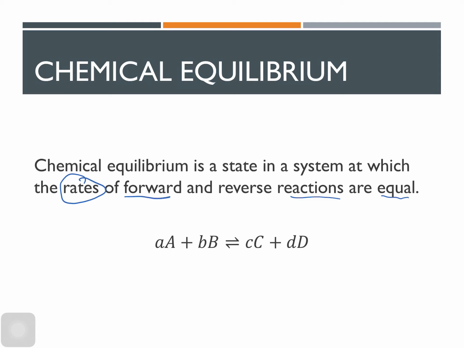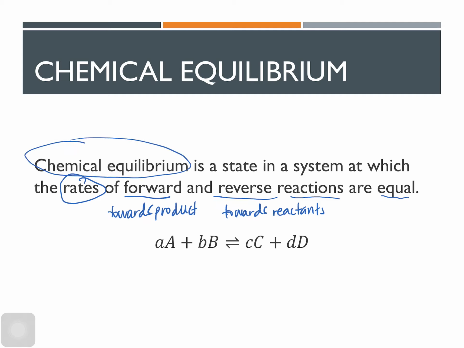So we have a forward reaction that is towards product, and we have a reverse reaction. This is towards reactants. And two reactions are happening at the same time. If that happens, we are in a chemical equilibrium.